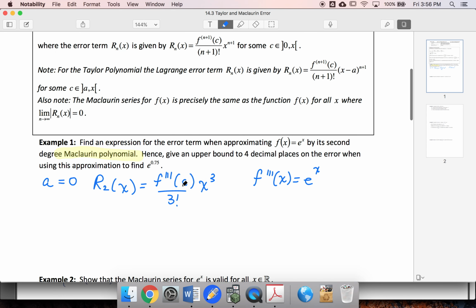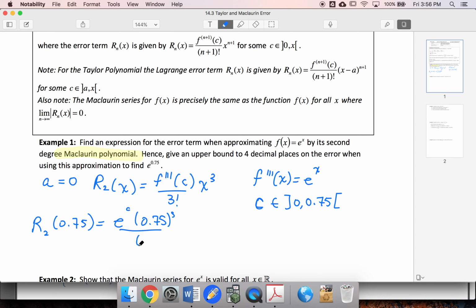Now my c value is going to be between 0 and 0.75, since I want to approximate at 0.75. So filling this in, my r2 at 0.75 is going to be e to the c times 0.75 cubed over 3 factorial, which is 6.